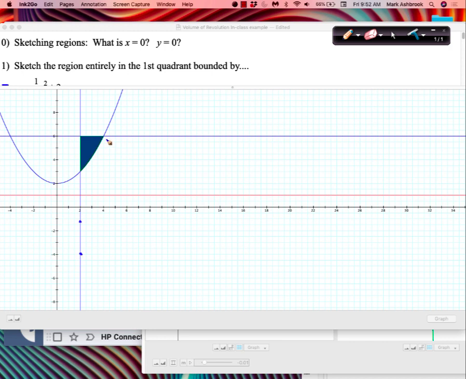This point is at x equals 4 and y equals 4, so it's going to be x equals 4, 6. So here is where we are when we're halfway around in our revolution.